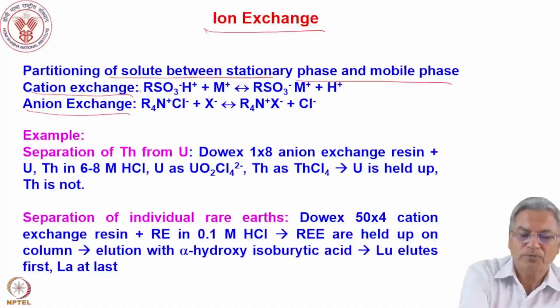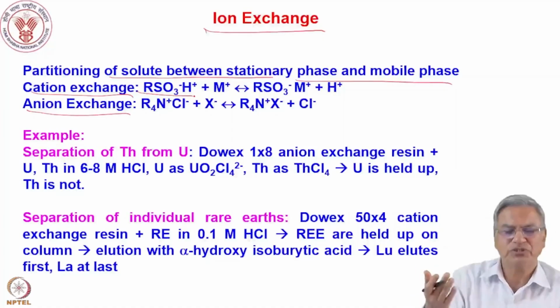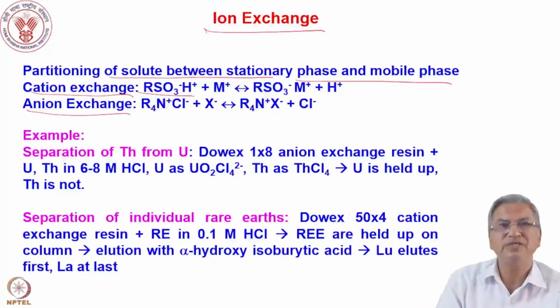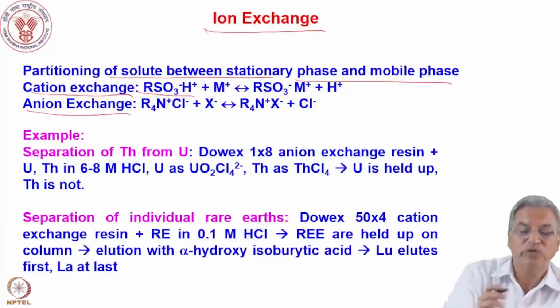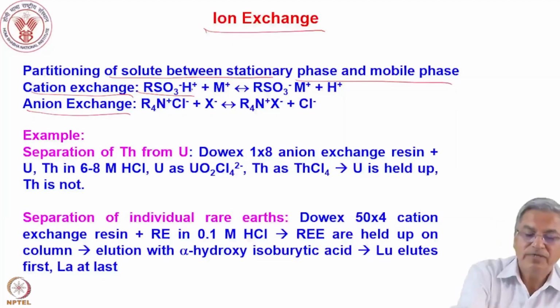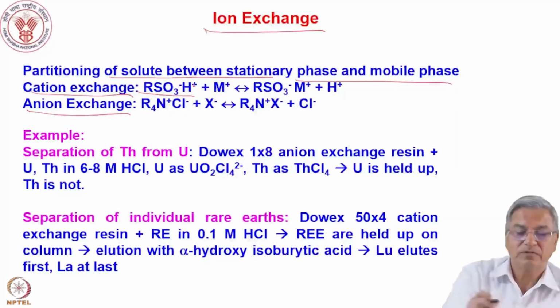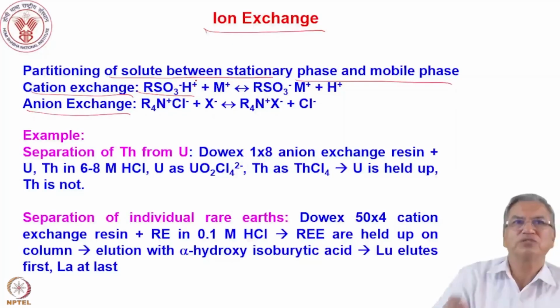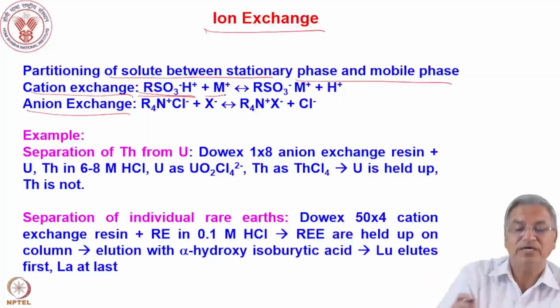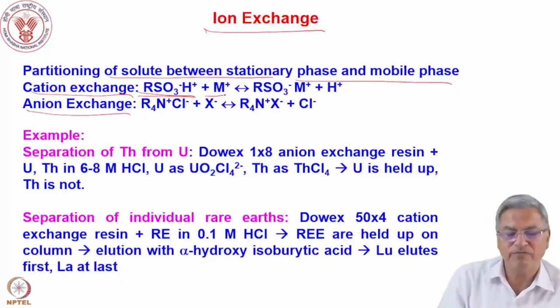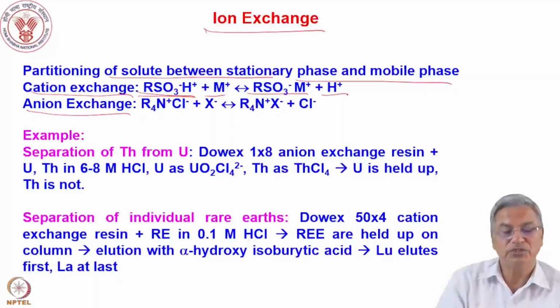For example, you have a polymeric base of styrene and divinyl benzene on which you have anchored functional groups like sulfonate, and you have the H plus. So it is a neutral species, but the H plus is exchangeable. The metal ion in the mobile phase can exchange with the H plus, and the metal ion will be retained in the resin while H plus is released.